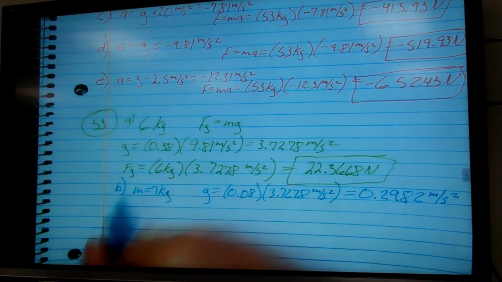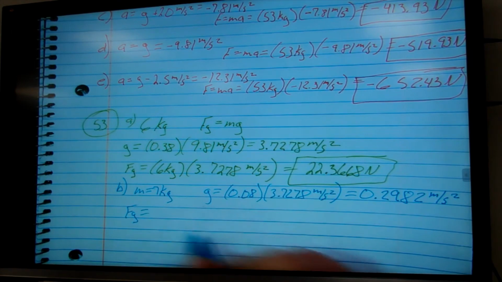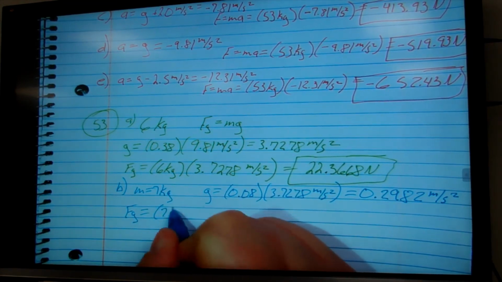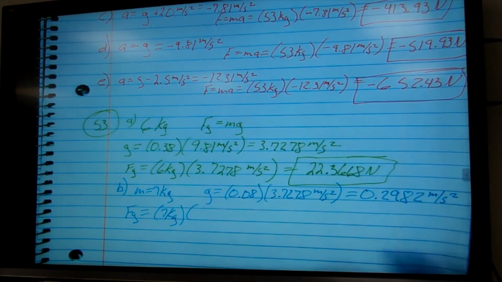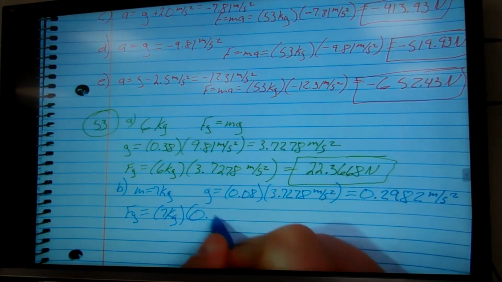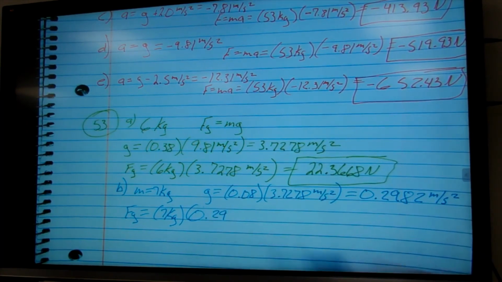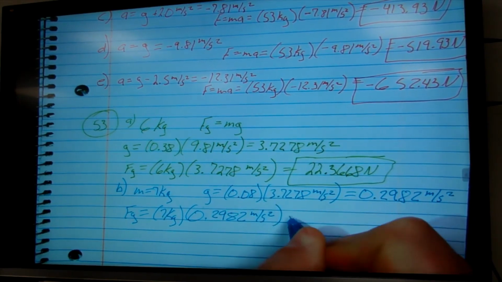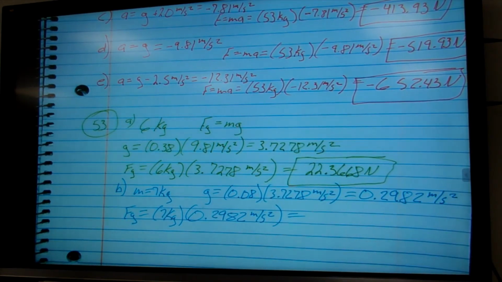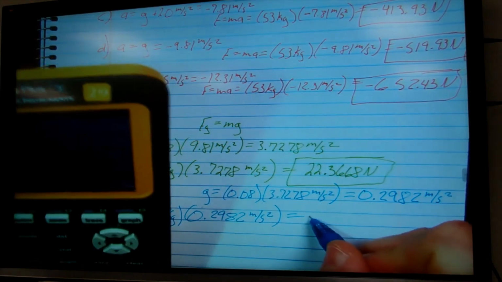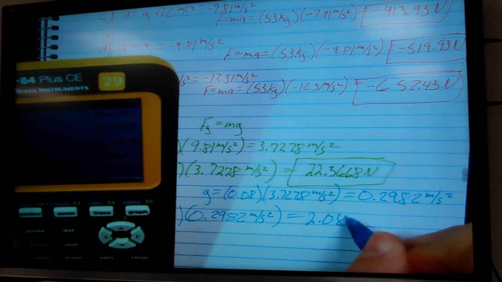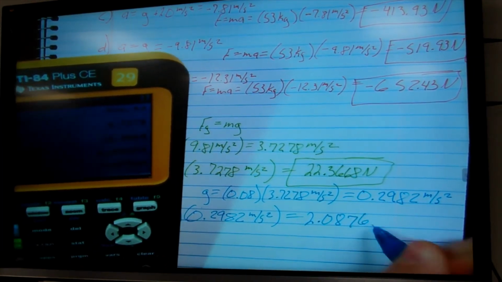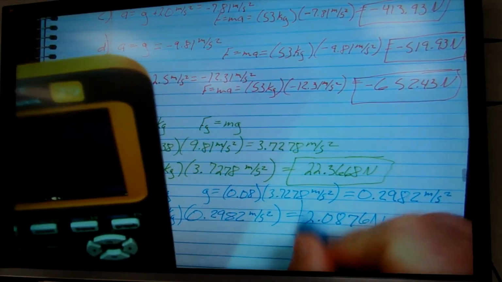Now we're trying to find the weight, so the force of gravity is equal to mass times gravity: 7 kilograms times that acceleration we just calculated, 0.2982 meters per second squared. I get 2.0876 newtons.